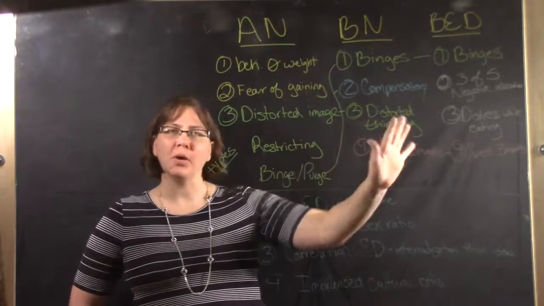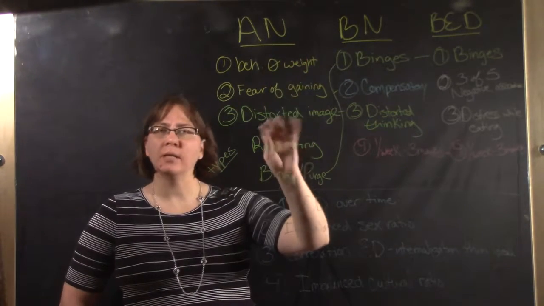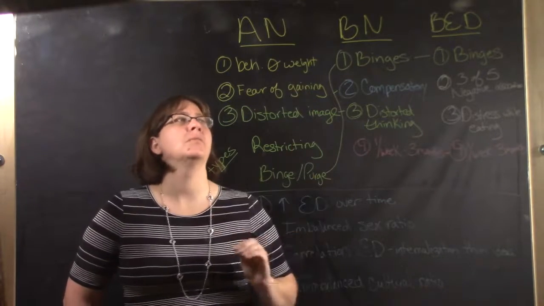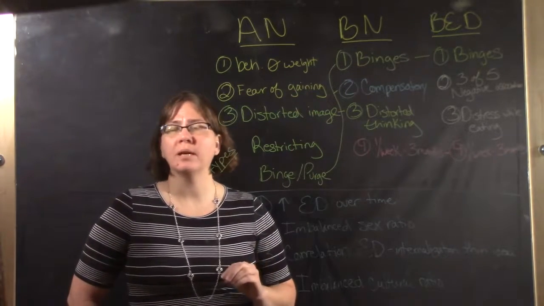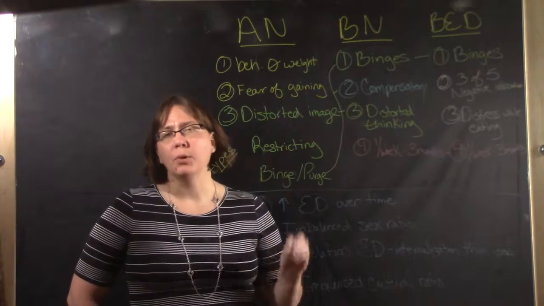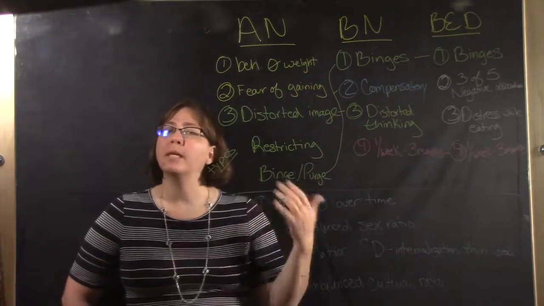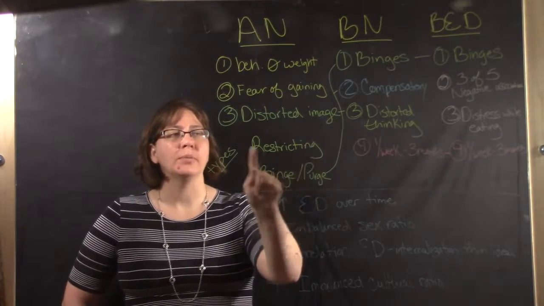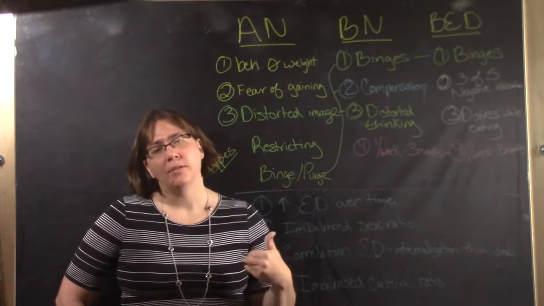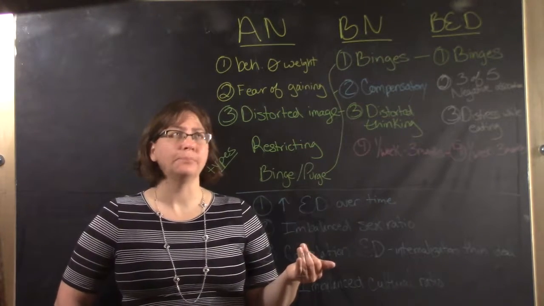I color-coded this, I don't know how easy it is to see, but as you can see, there are three different criteria for anorexia nervosa. The main one, and what really separates anorexia from everything else, is behaviors that do not allow an appropriate weight. Usually that means starving, or what we would call the restricting type of anorexia nervosa. The individual does not take in enough nutrients to maintain a healthy weight.